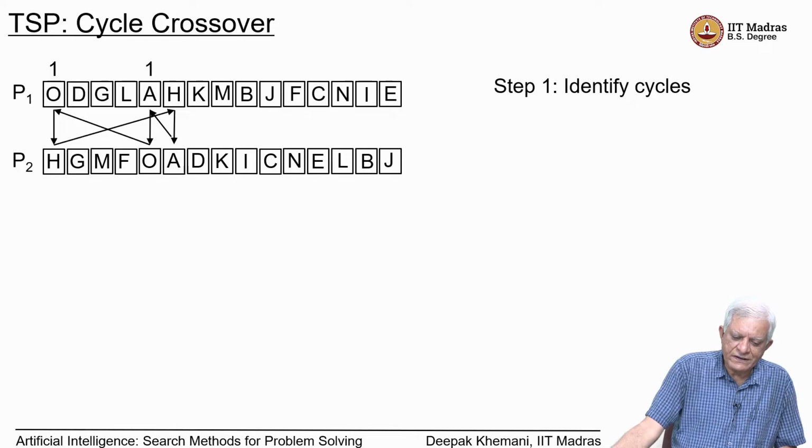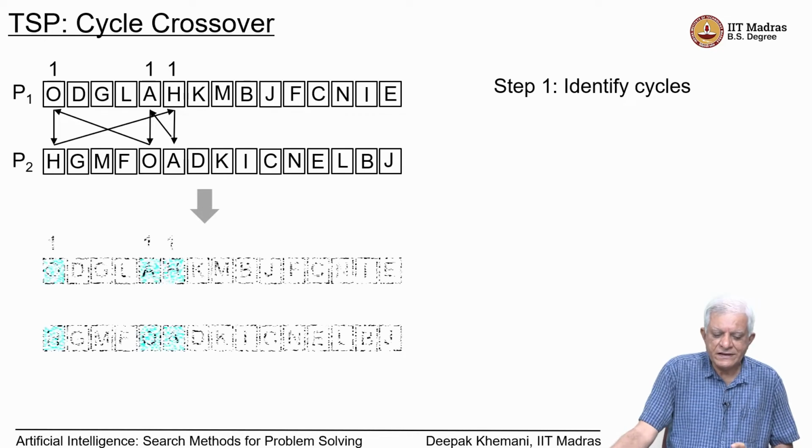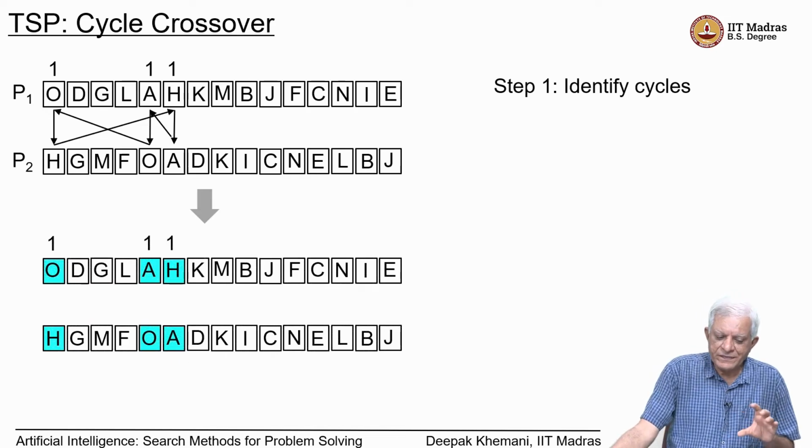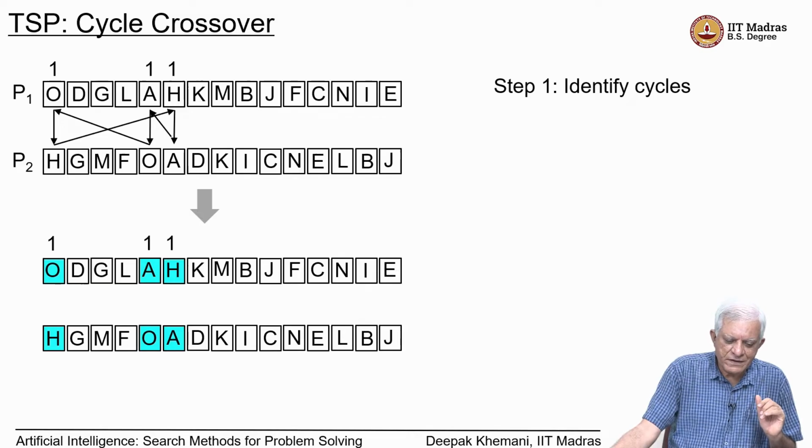So, you have identified a first cycle. What does this cycle do? It identifies 3 cities O, A and H which are in the same location in the 2 parents essentially. So, this is the first cycle.